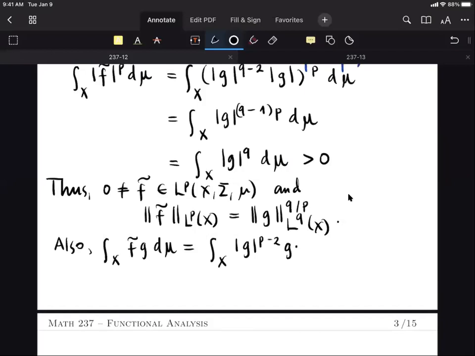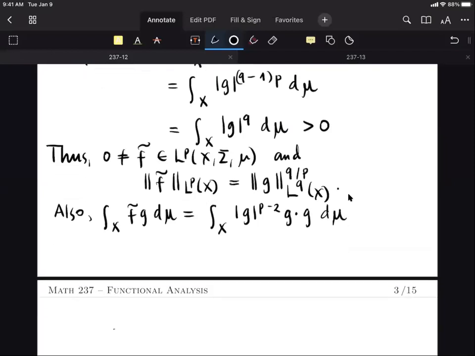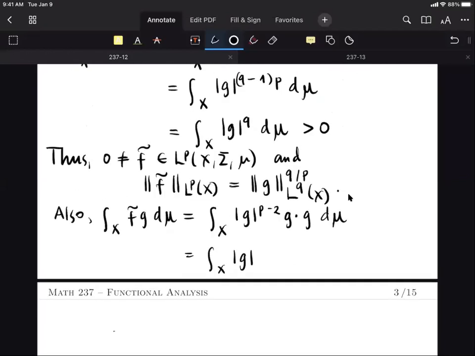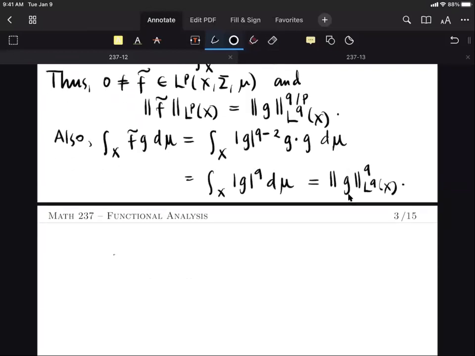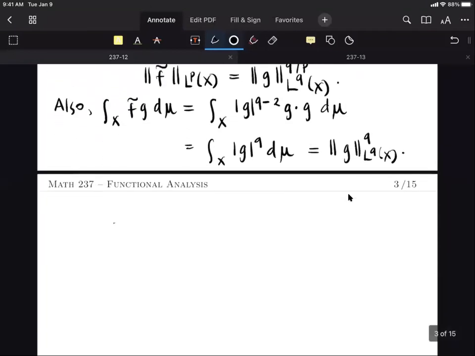So this is f tilde, you multiply by g, so you gain a power 2, and you end up with the integral of the absolute value of g raised to the power q d mu. So this is the LQ norm of g raised to q.